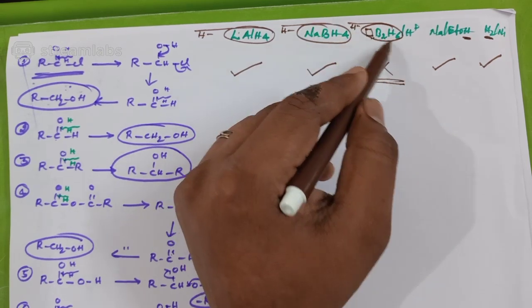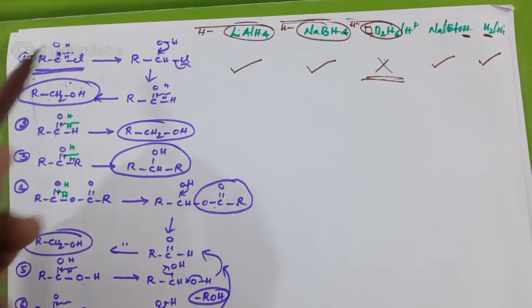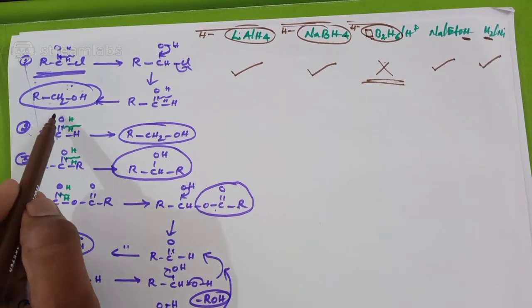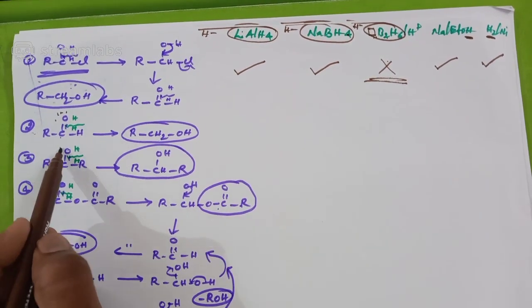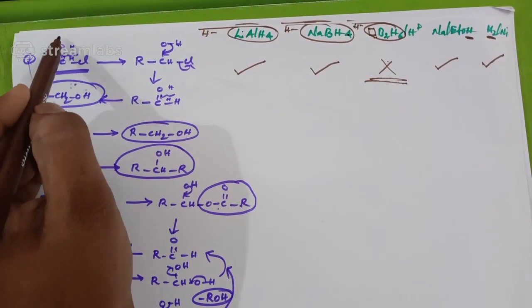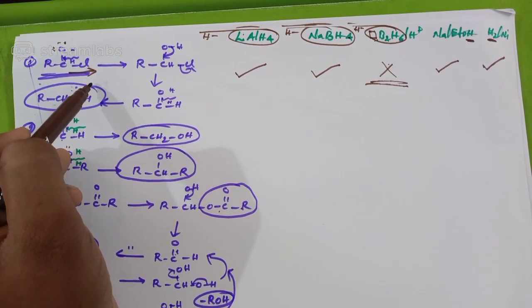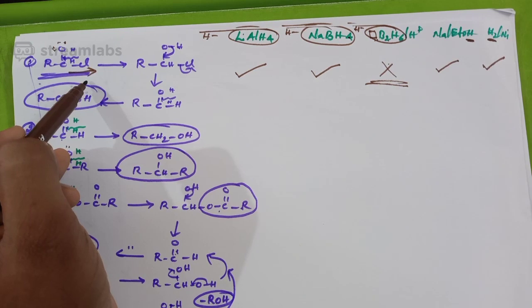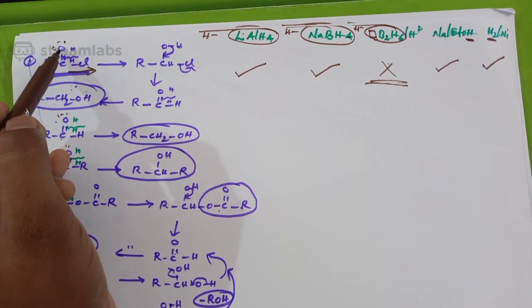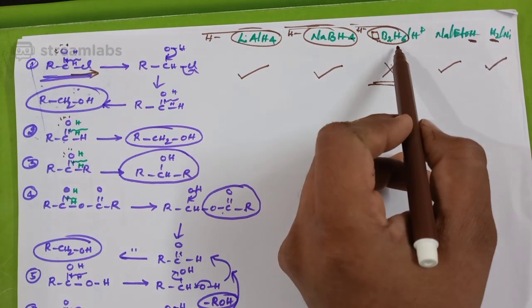First it requires some electrons to lose this H minus. So if I use acid halide, it has lone pairs, but chlorine is an electron withdrawing group. So whenever electron withdrawing groups are there, compounds containing them cannot be reduced by B2H6.